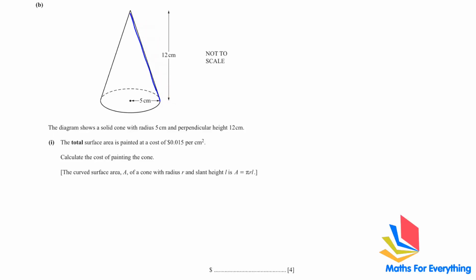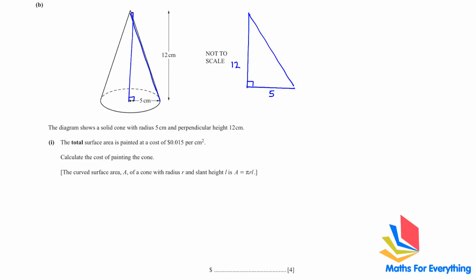This is our slant height. And how do we find it? We have been given the perpendicular height, which is 12. So this is a right angle triangle. Let me just draw it over here. This is what we have. This is the perpendicular height 12 and the radius, which is 5. I need to find the slant height, which is the hypotenuse.